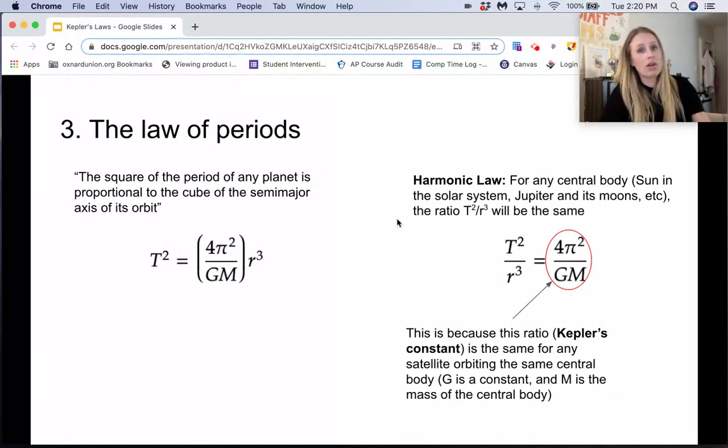So the sun or Jupiter or Earth, whatever we're talking about as that central body. Okay, so since this whole number right here, 4 pi squared over GM, is the same for every single thing that's orbiting that central body, then every single thing orbiting that central body is going to have the same ratio of T squared over r cubed, and we call this Kepler's constant.